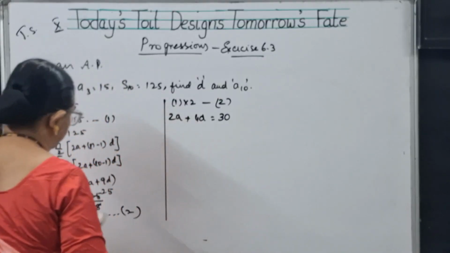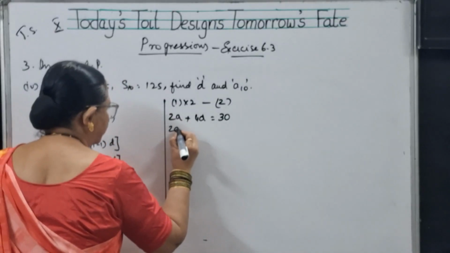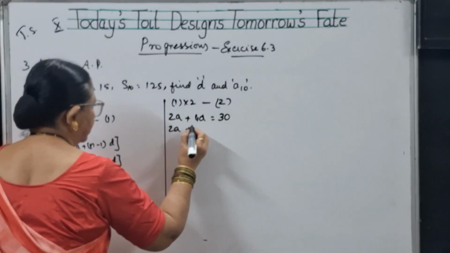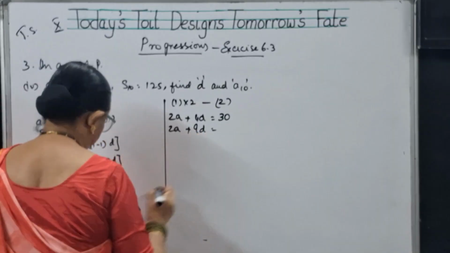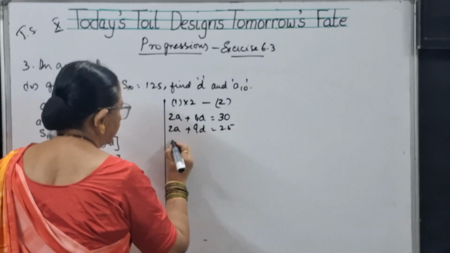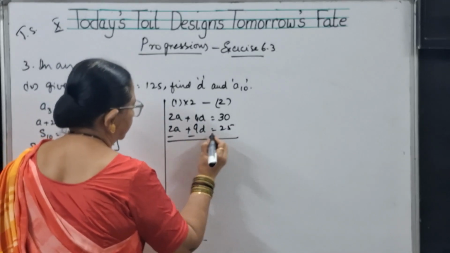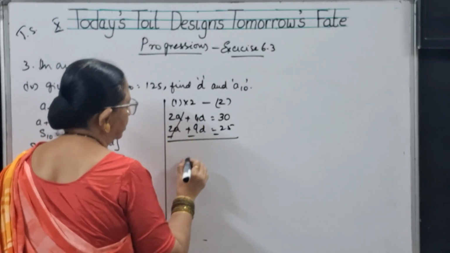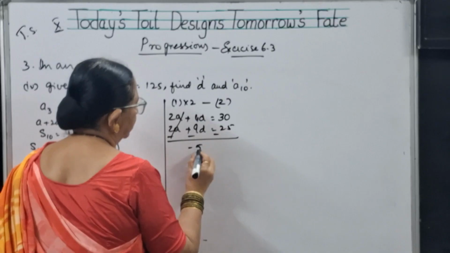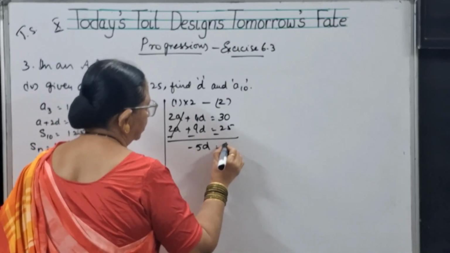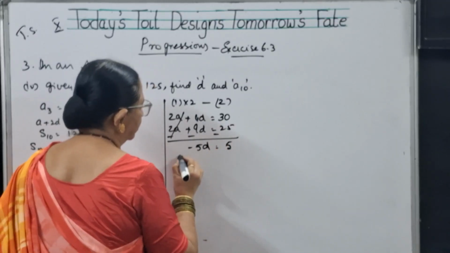Second equation is 2a plus 9d is equal to 25. So when you are subtracting it, what are you getting here? Minus 5d is equal to 5 you are getting.